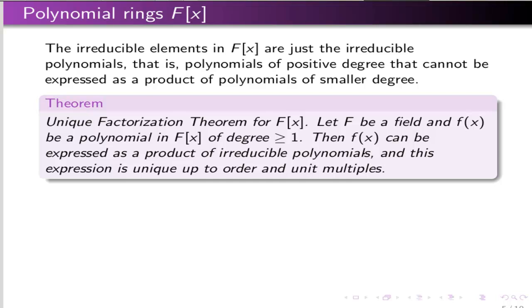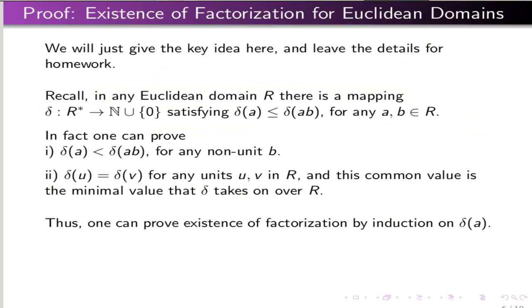And you've probably seen this result proven in an algebra course, but I want to view both of these results as a consequence of them being Euclidean domains. So let's just outline what's going on in the proof of our theorem that says every Euclidean domain is a unique factorization domain.